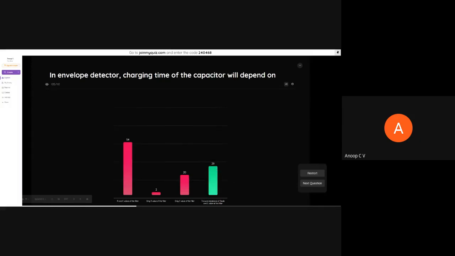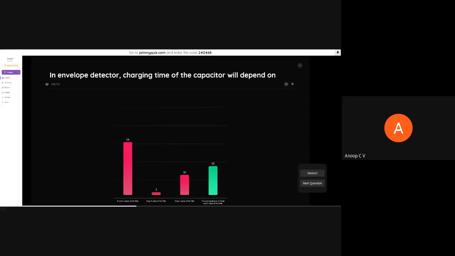While choosing the capacitance value, the charging time of the capacitor will depend on C mainly, because the diode resistance is fixed and we can't change it. So we need to adjust the capacitor value to set this charging time.